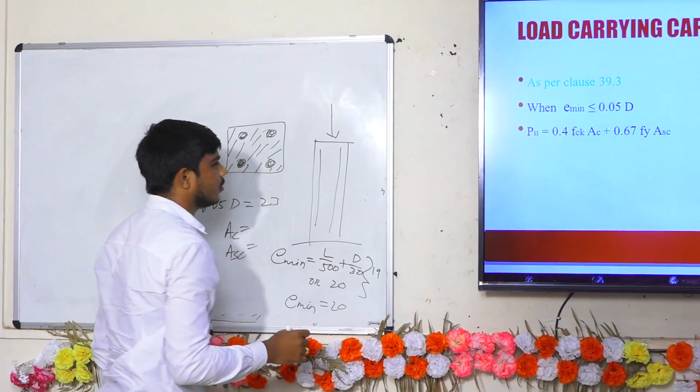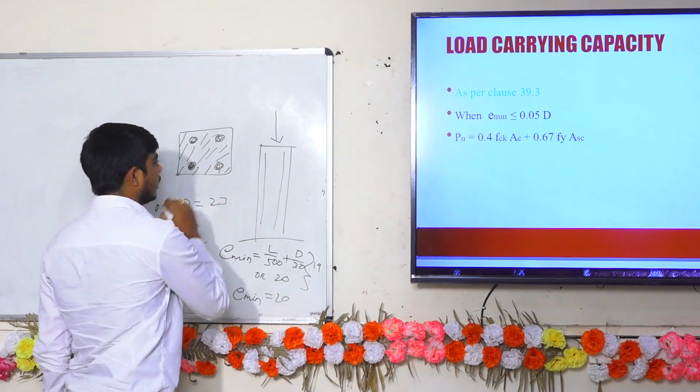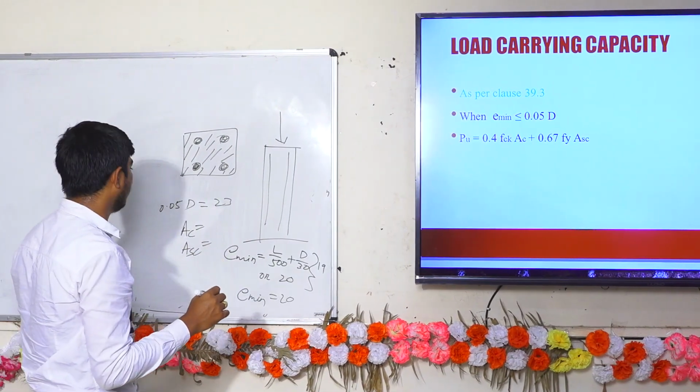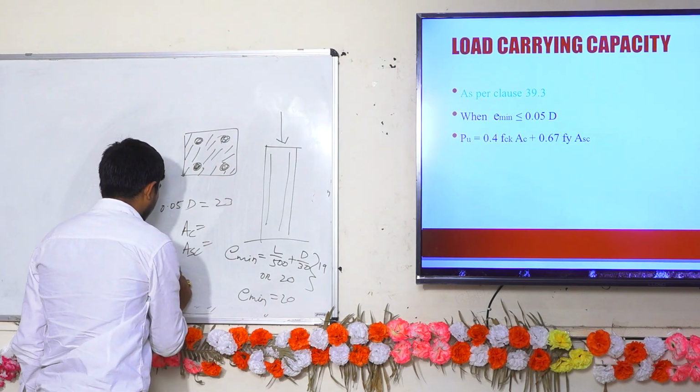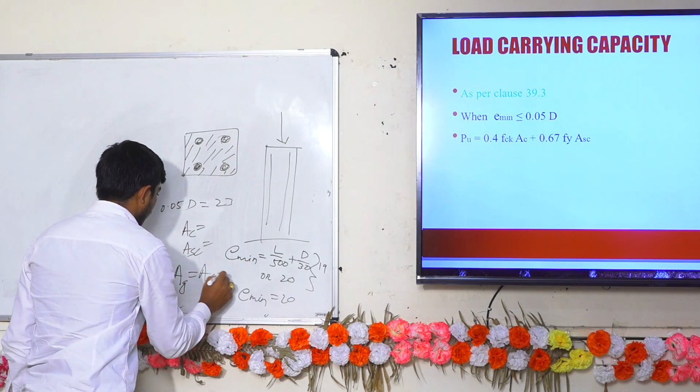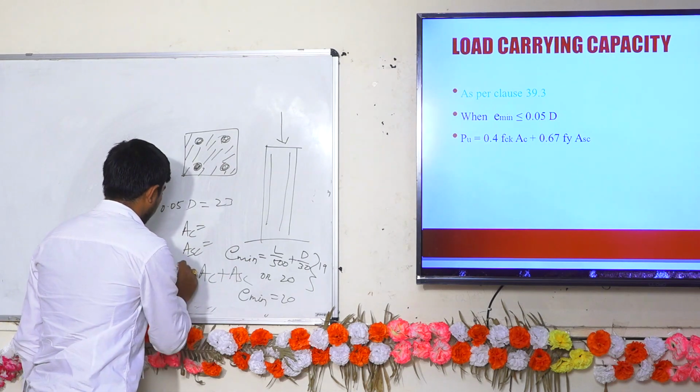The rod also has some strength and the concrete also has some strength. So fck is the strength of concrete and fy is the strength of steel, and combined Ac and Asc become the gross area.